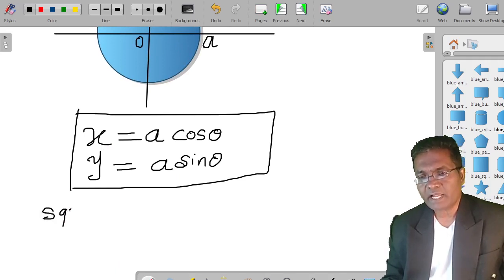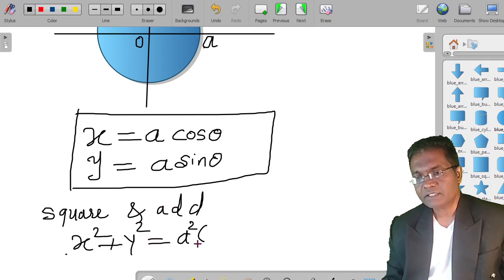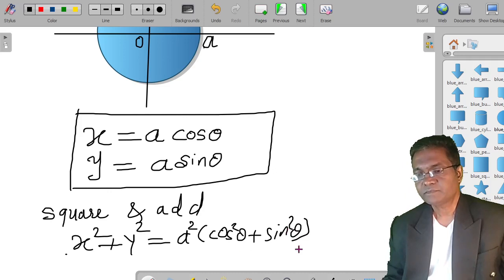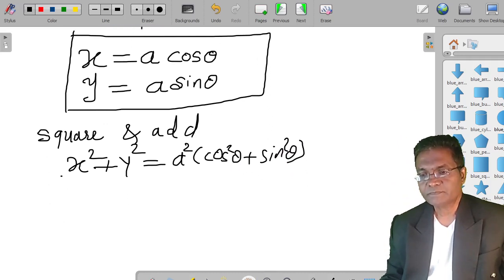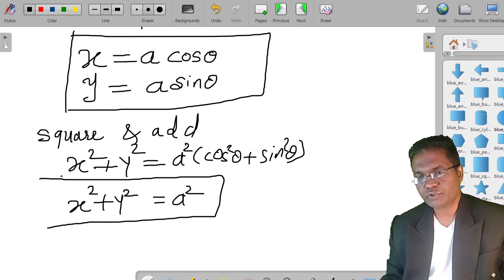If you square and add, what will you get? x square plus y square is equal to a square, with a common, times cos square theta plus sin square theta, which is 1. So you will get x square plus y square equals a square. This is your Cartesian form, and this we call the parametric form.